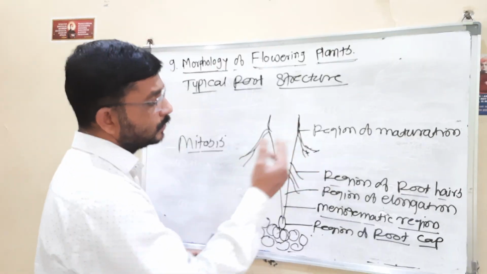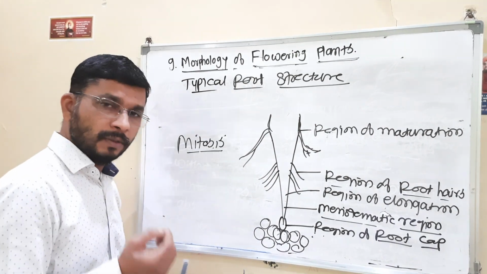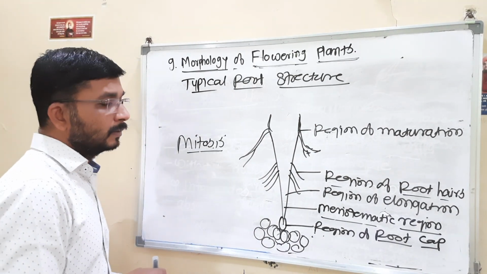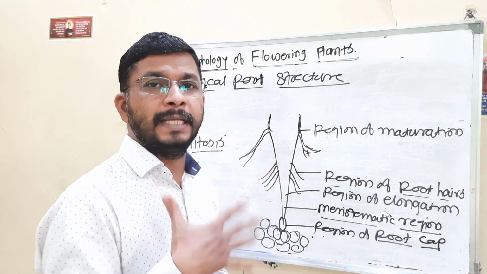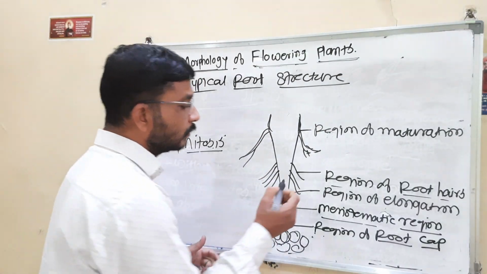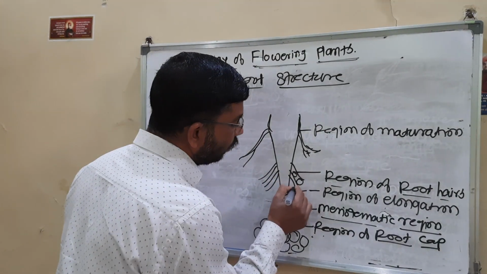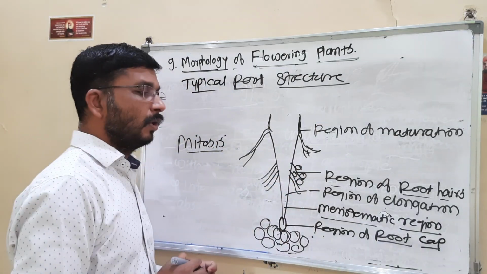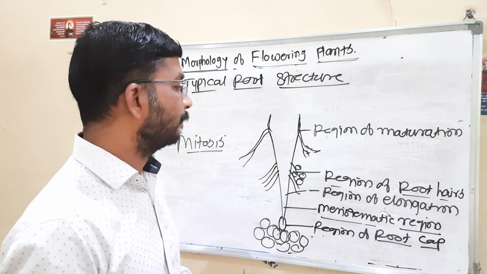These root hairs are unicellular structures, and they increase the surface area for absorption of water and minerals from the soil.